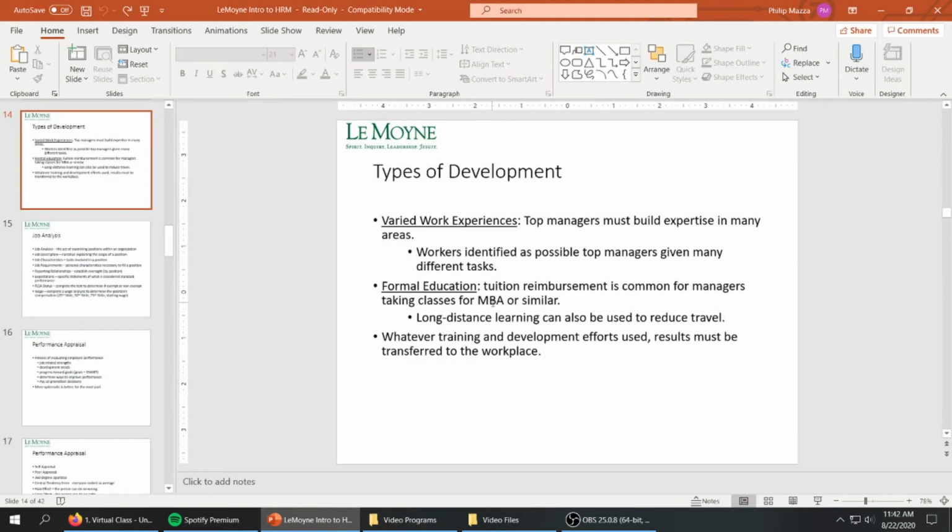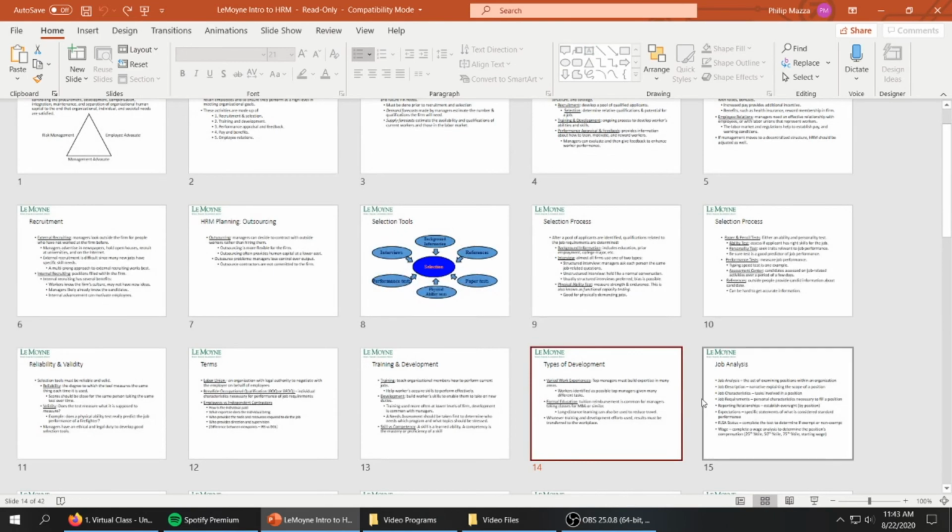Types of development: we have varied work experiences and formal education. So organizations will look to provide their employees varied experience, moving them around to different positions so that they can really better understand the organization and perhaps find a better fit. And many organizations will also provide formal education or even education at the workplace.